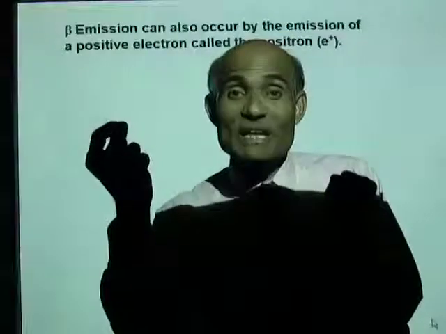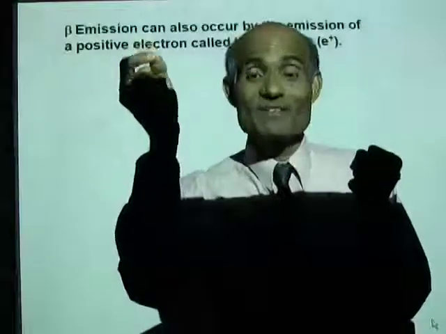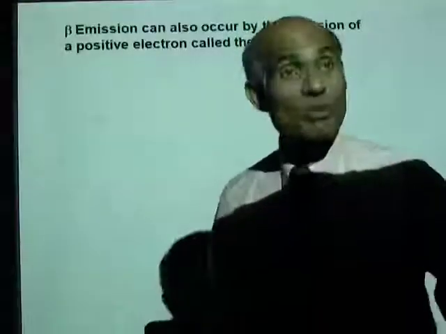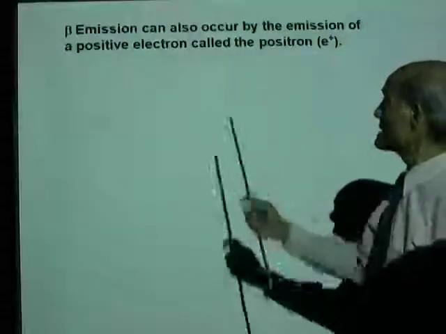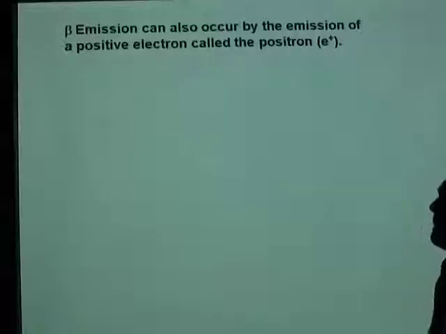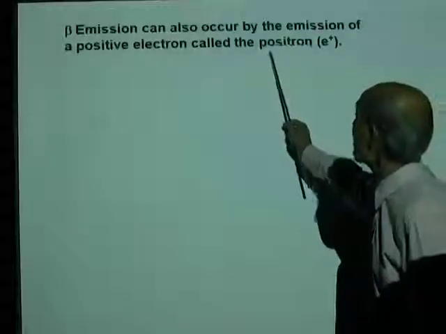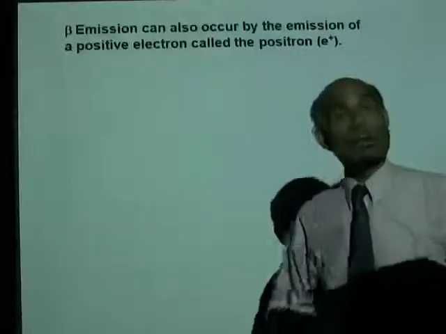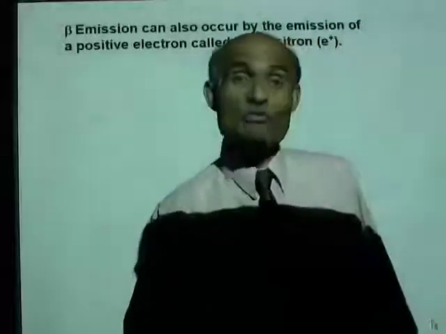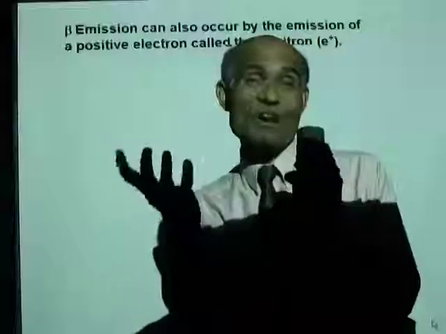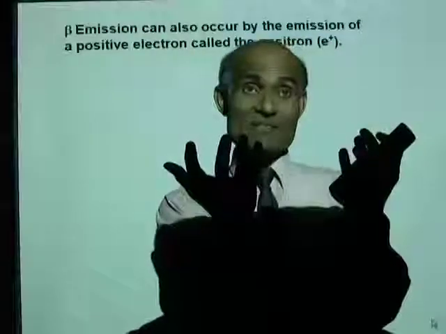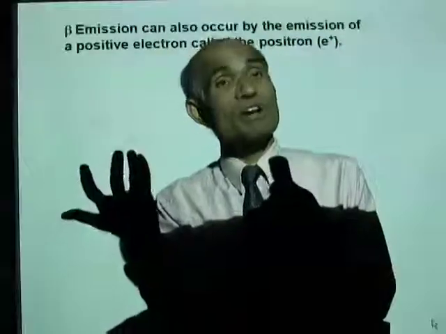A particle that carries a positive charge. Well, that is also possible. So beta emission can also occur by the emission of a positive electron, and we call such an electron a positron. A positron is the opposite of the electron, has the same mass but positive charge.